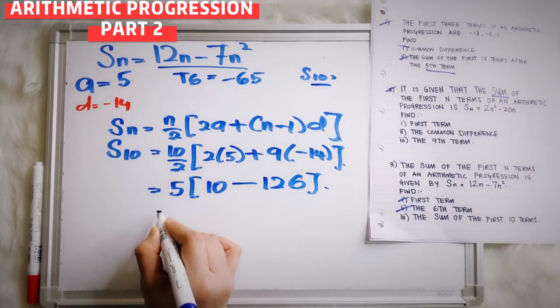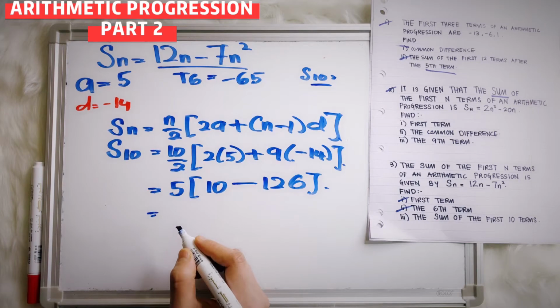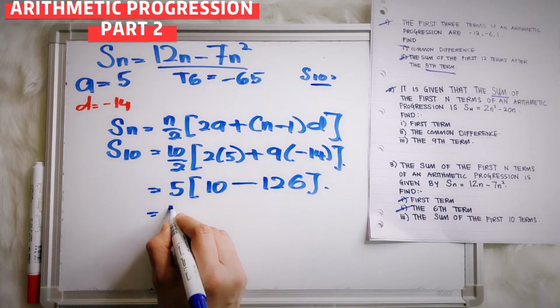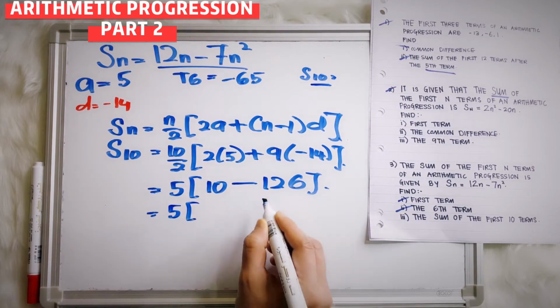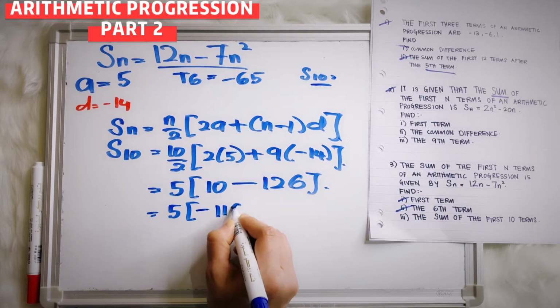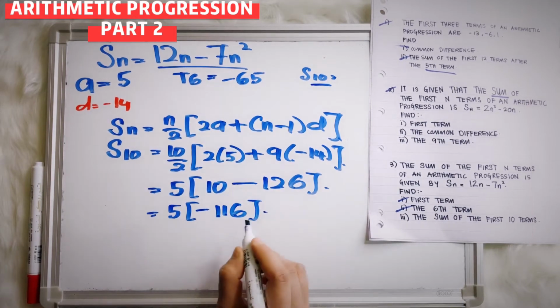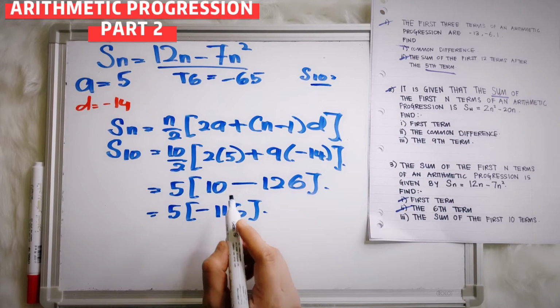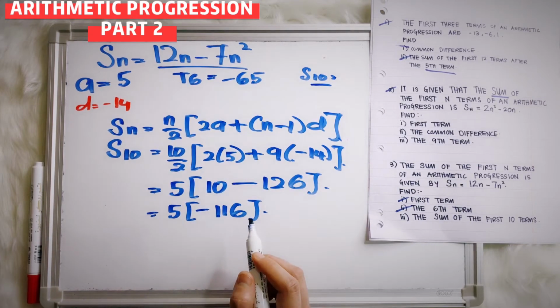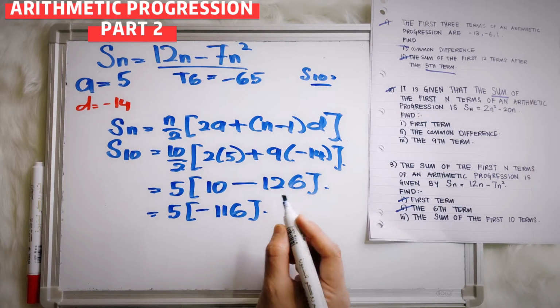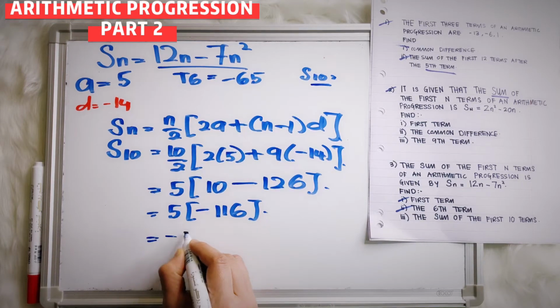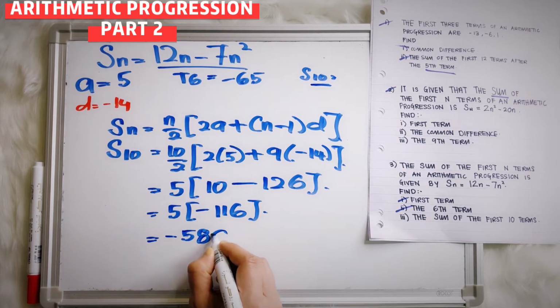Negative 9 times 14 is 126. So now we have negative 116, because 10 minus 126. So negative 116, you multiply with 5. We have here negative 580.